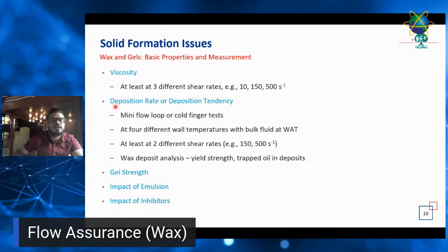All right. And the deposition rate, or deposition tendency, needs to be measured too. This can be measured through a mini flow loop or cold finger test, or we can also measure it using operational data, based on the amount of wax removed by a pig every two weeks, or for every pigging cycle or pigging activity.